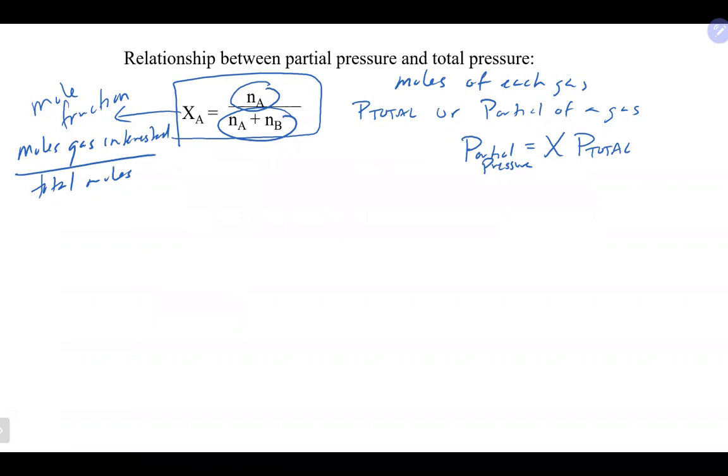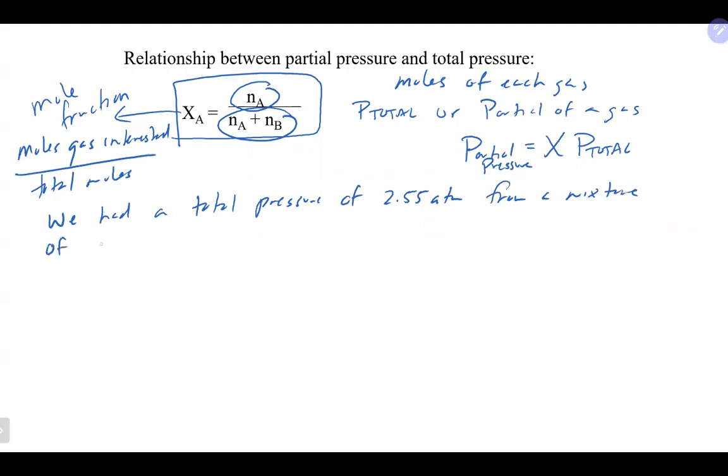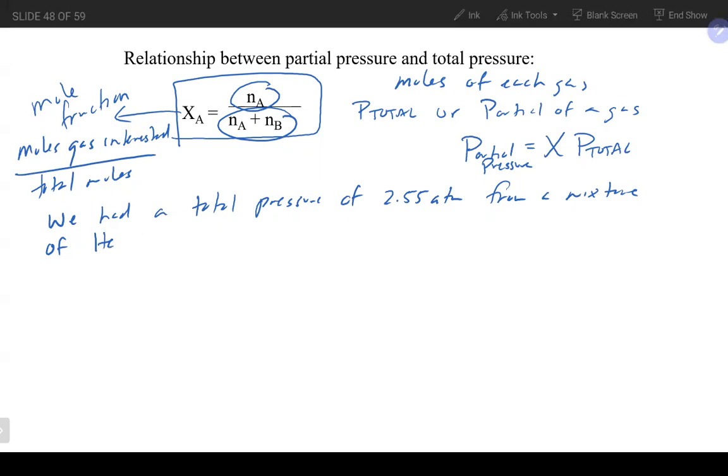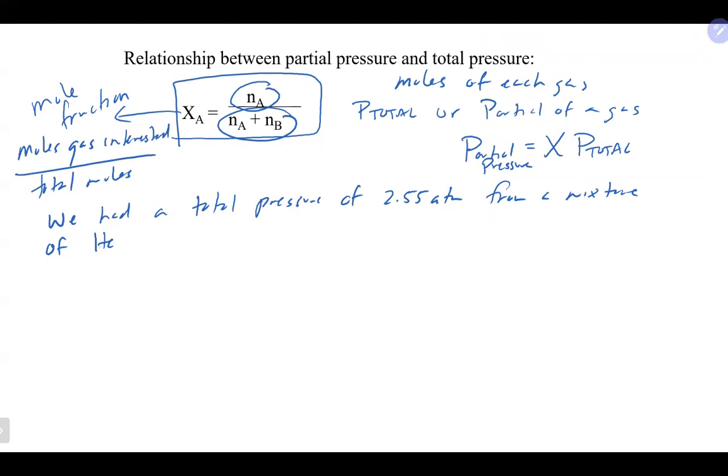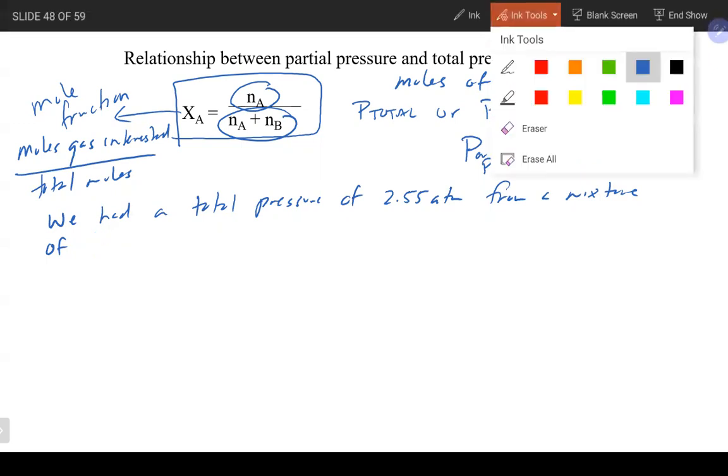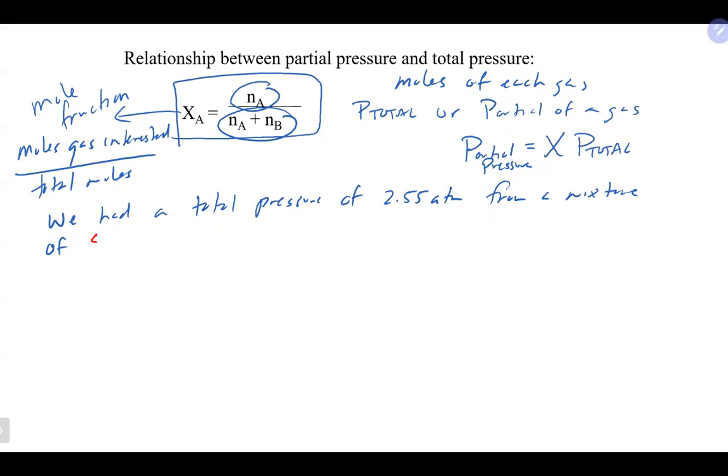So for example here, if we were told we had a total pressure of 2.55 atmospheres from a mixture of helium and neon, of 5 grams of helium and 5 grams of neon in this case.